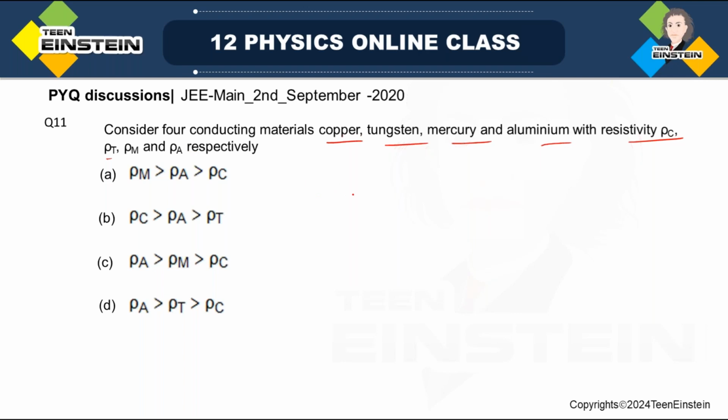So I'll just give you a simple solution. You have to actually have some idea about this resistivity of mercury. So resistivity of mercury is actually the highest, nearly 98 into 10 to the power minus 8 ohm meter.